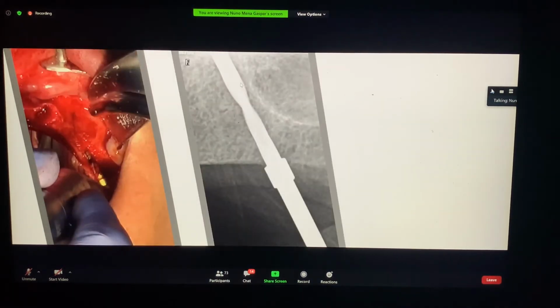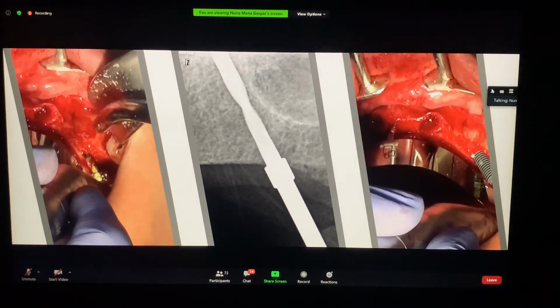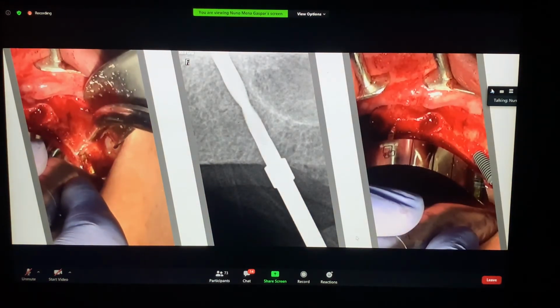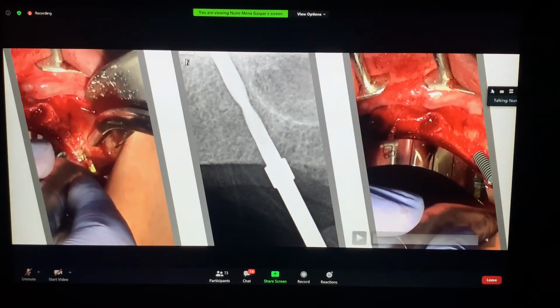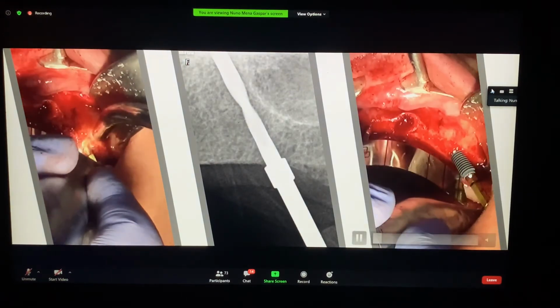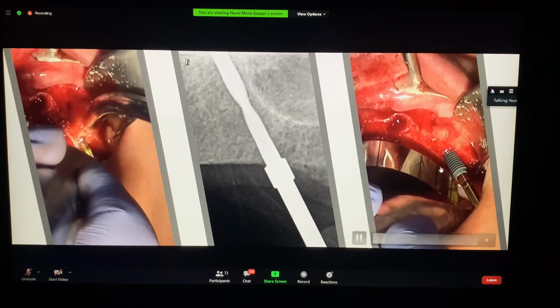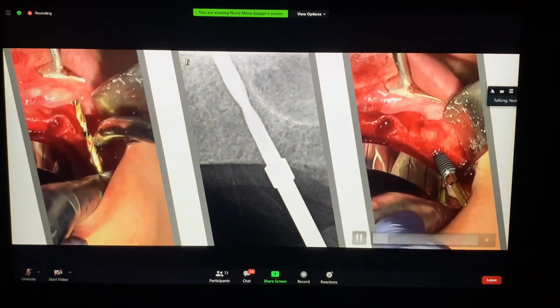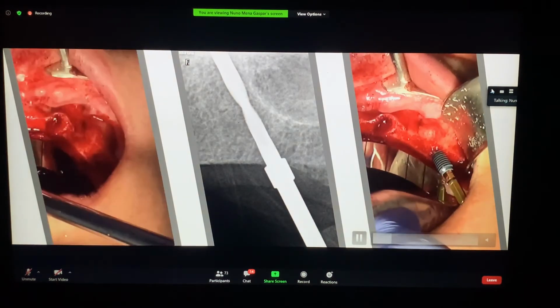Okay. X-ray control, this is the sinus. Đây là cái vùng xoang. Okay, and here I just use a 4.5. I have softer bone, so instead of doing more drilling, I just add a bigger thread, a wider thread.